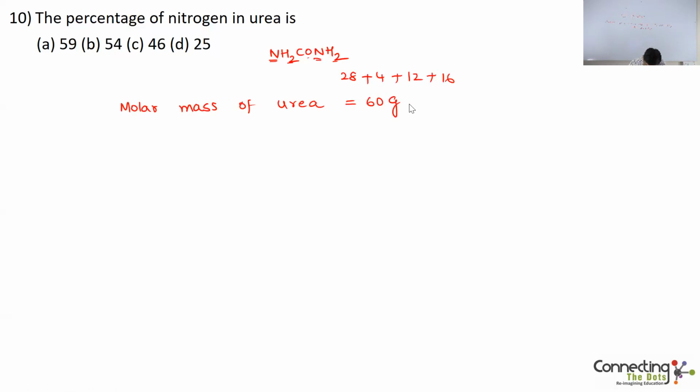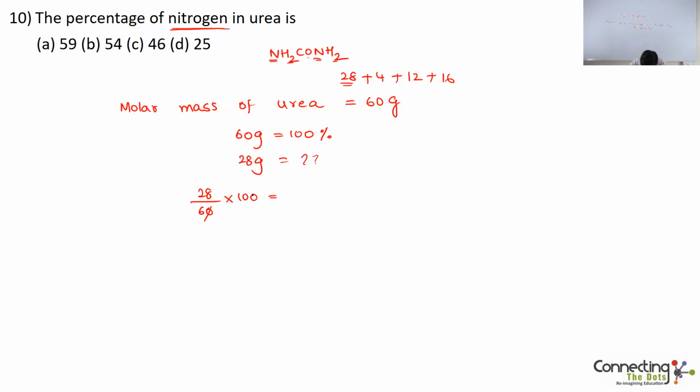They're asking how much nitrogen constitutes. If 60 grams is 100%, nitrogen constitutes 28 grams, because 2 nitrogen, so 28. So if the total 60 grams constitutes 100%, what percentage do 28 grams constitute? That is the question. So it will be 28 divided by 60 multiplied by 100.